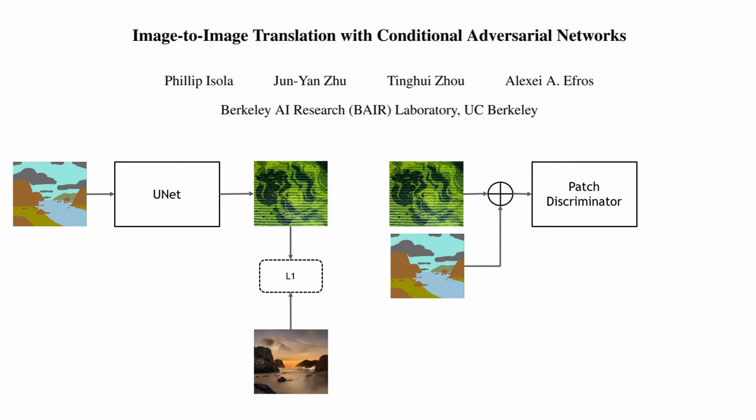They use a UNet to generate an output image. They want the output image to be similar to the ground truth in the L1 sense. They use a discriminator to check if the output image has distribution similar to the ground truth image.